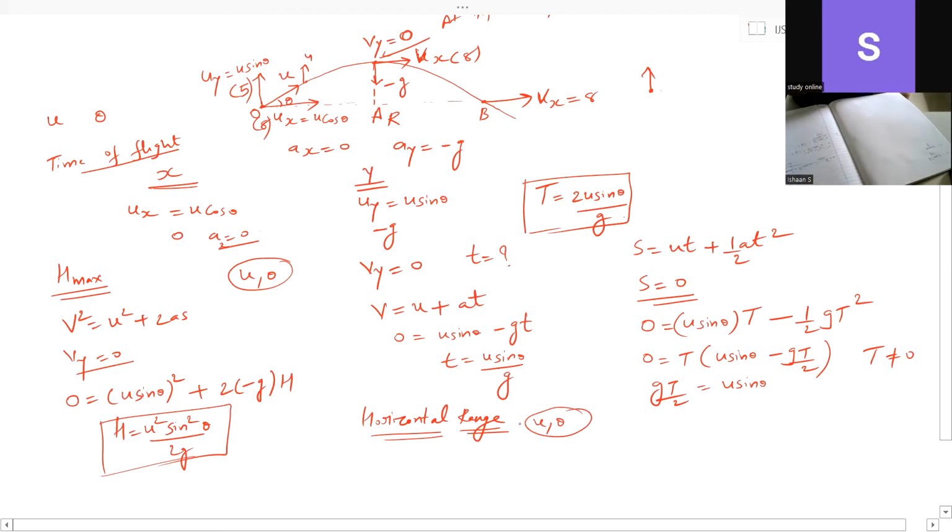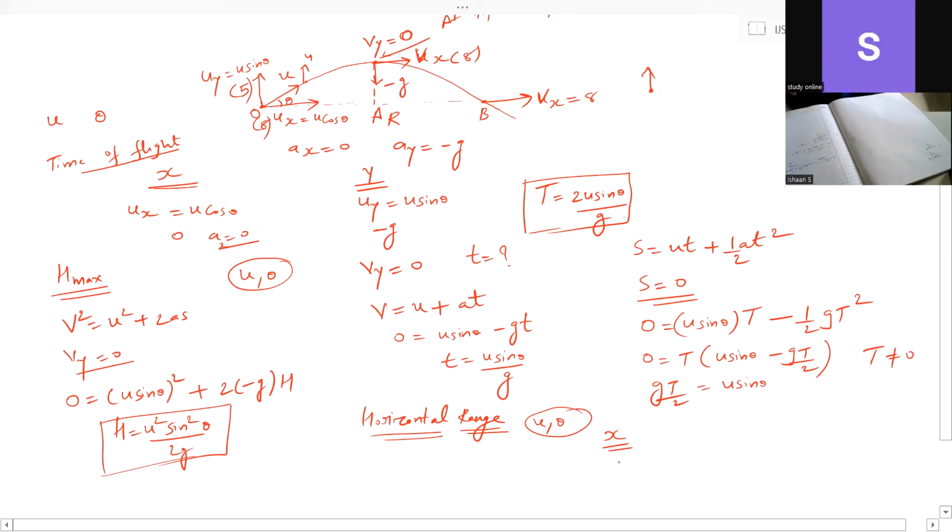So which formula will you be using? Horizontal range, so vertical again. Because they have given us the horizontal range, I think we have to use x, the horizontal displacement.